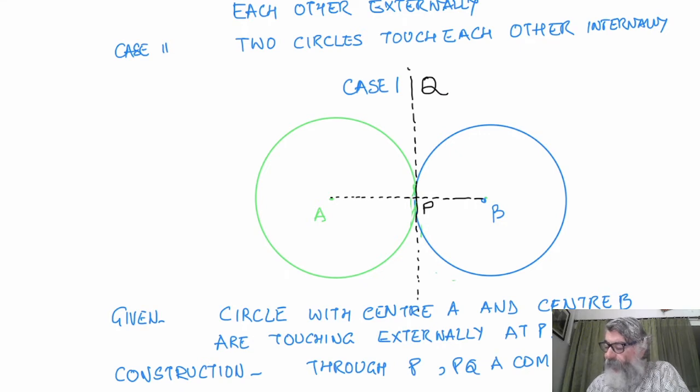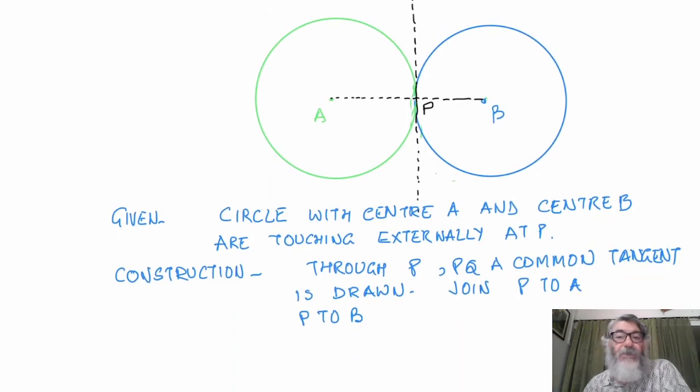A straight line passing through P and not cutting the circle, only touching the circle, is drawn. Join P to A, P to B. Join P to A and P to B. This is your construction part.